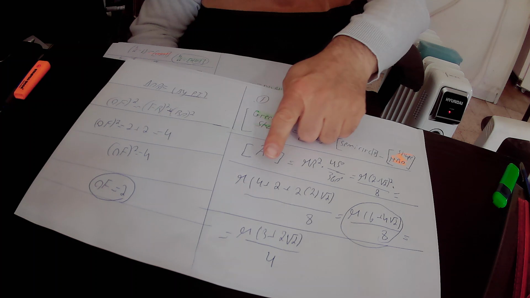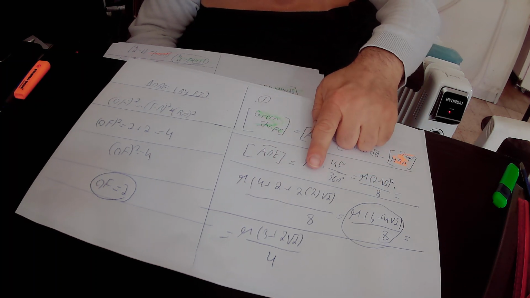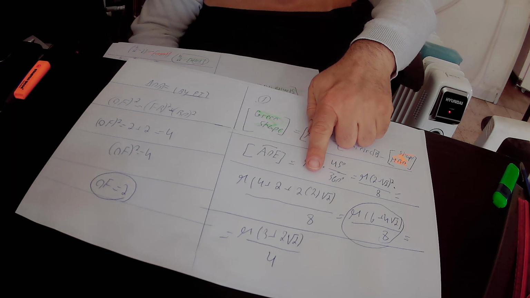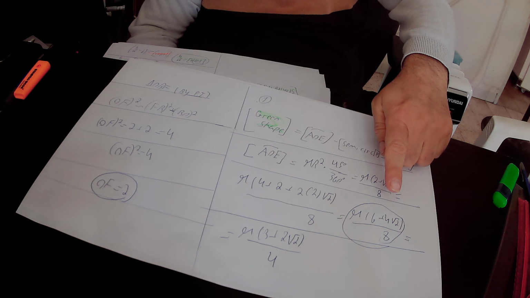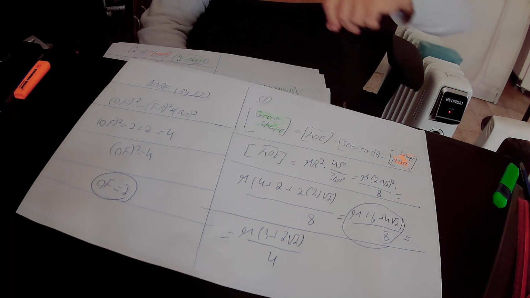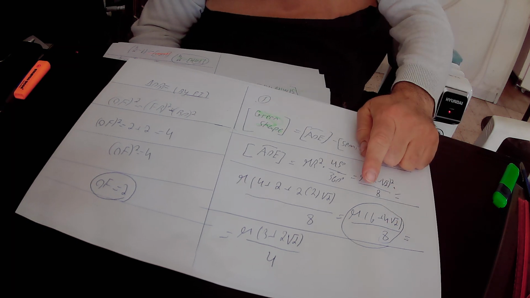Here we have pi, and inside the brackets 4 plus 2, that is 6, plus 4 times square root of 2, divided by 8. We divide both the numerator and the denominator by 2.